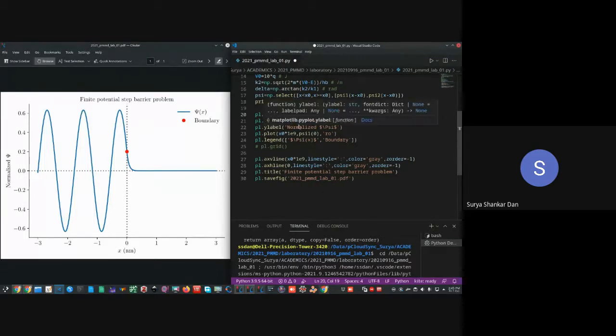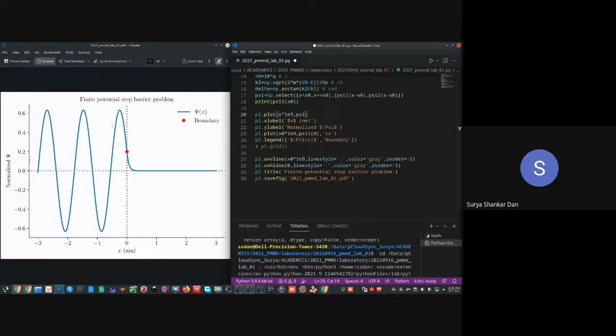So after plotting the wave function, I have also included this dot. What is this red dot? That is the point where the wave function is tunneling inside the barrier. Okay. So how did I obtain that? It is nothing other than psi 1 comma 0.